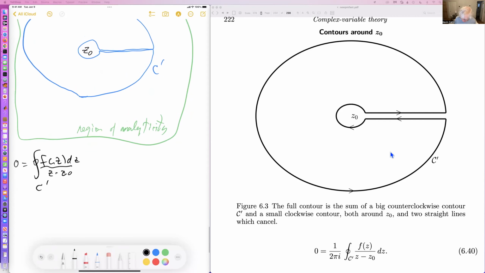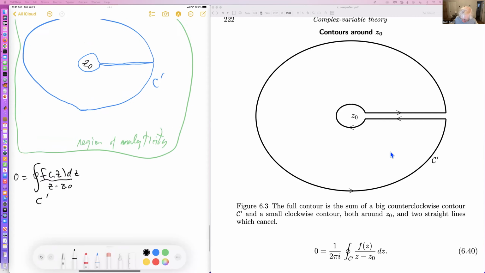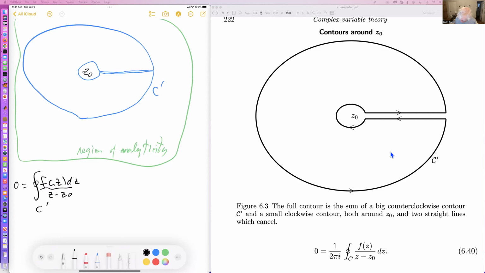In other words, we can take C prime and gradually deform it so that instead of being what we just wrote, it's the same curve except that over here it just does this.